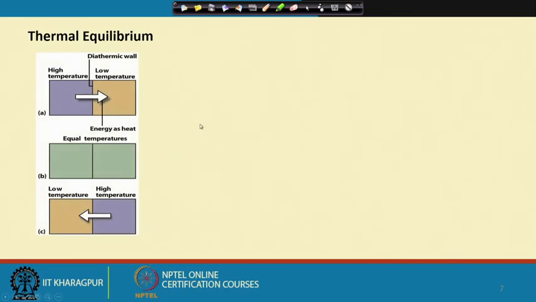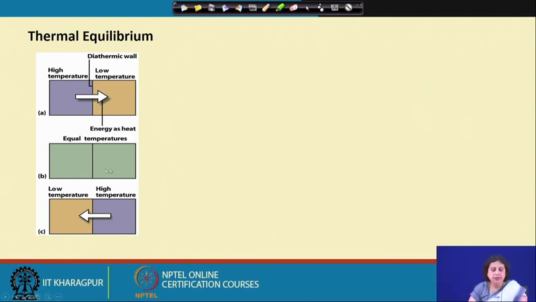Let us say this is the system and this is the surrounding, and they are exchanging energy as heat, and this wall is a diathermal or diathermic wall. The system will go on exchanging energy with its surrounding till both the parts attain equal temperatures. Under such condition, I will say that the system and its surrounding are in thermal equilibrium with each other.